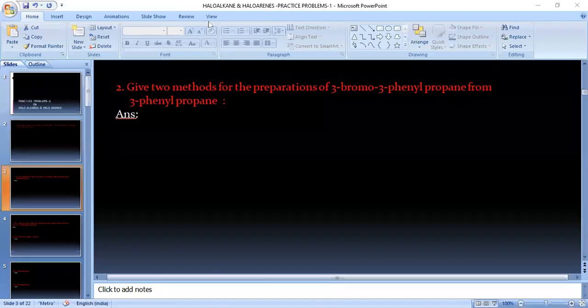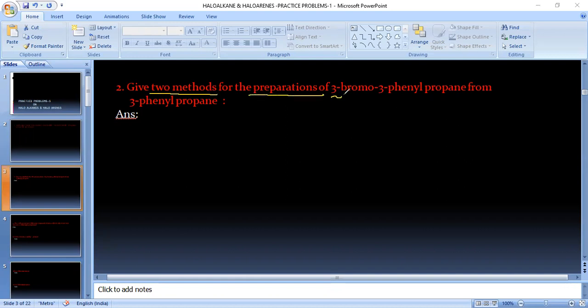Okay, guys. So this is the second question. Next one. Okay. So read the question properly. What is it? Here we need to give the two methods. Two methods of what? Preparations.